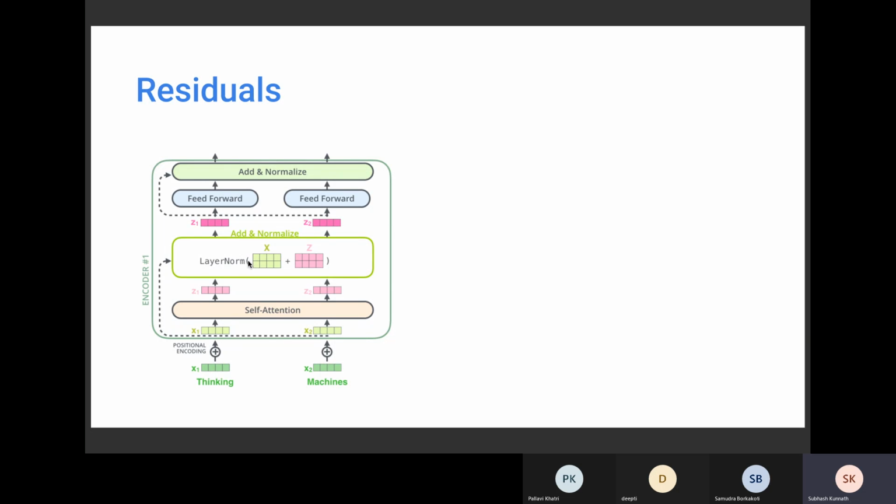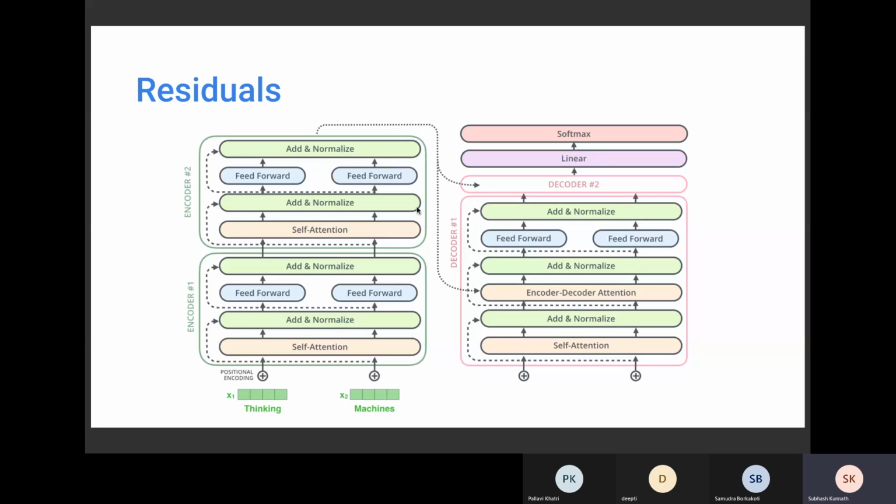So at every stage there will be this layer normalization happening, and the output from that is again fed to the feed forward neural networks, and again add and normalize. That's how the encoder part is. Here you can see two encoder modules and two decoder modules, and then the final linear layer and the softmax layer, all depicted together.